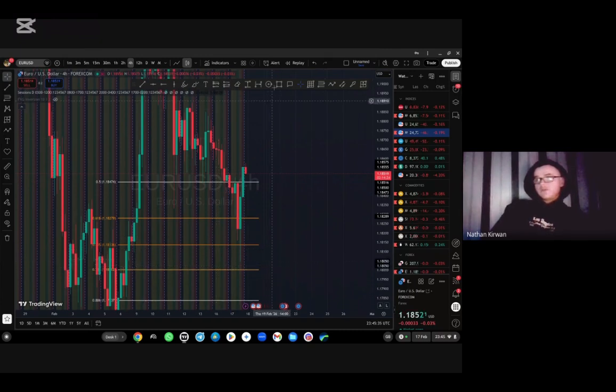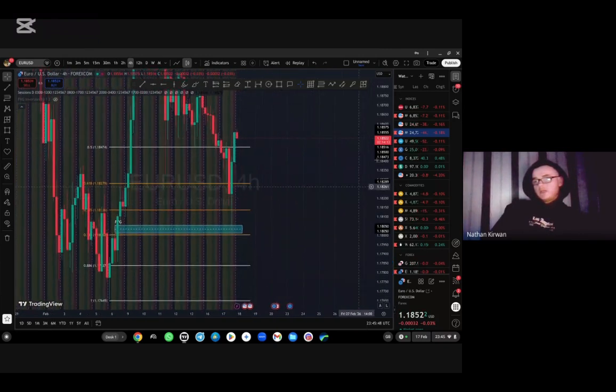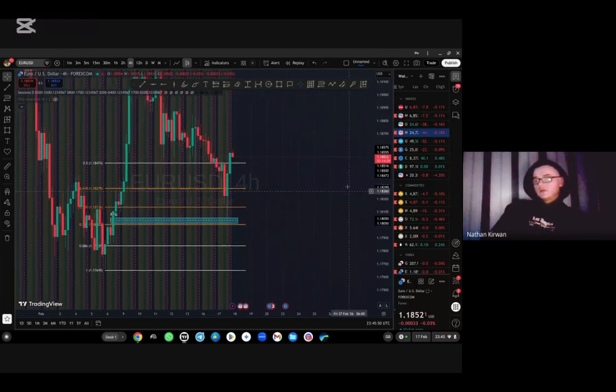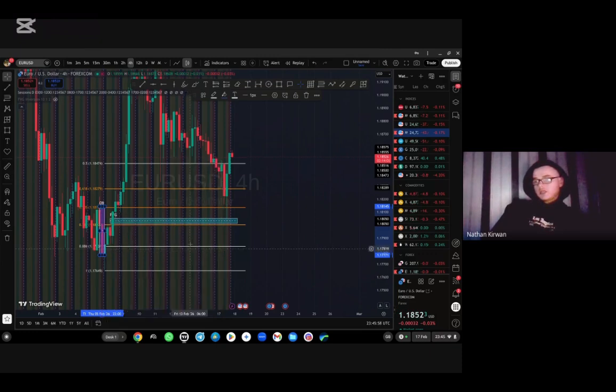So there's your fair value gap, like we were talking about before. There's your fair value gap on a 4-hour time frame, just about tapped into it. Fine. Bit of order block action going on over here.